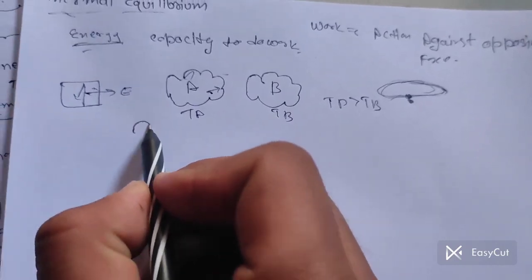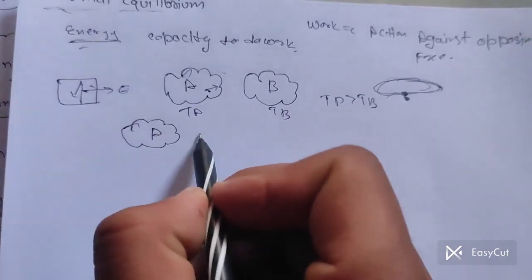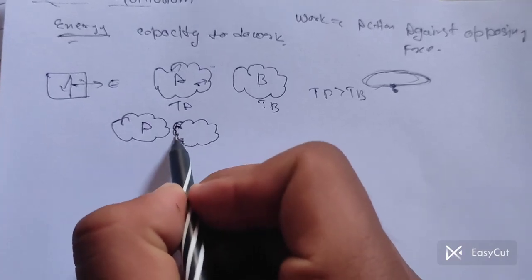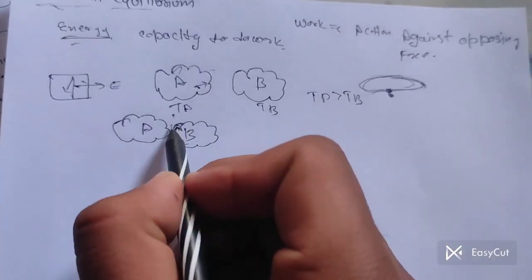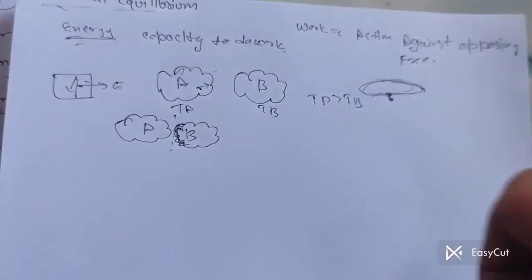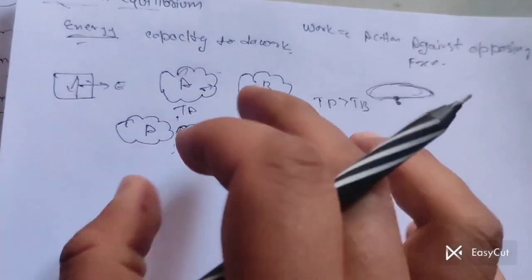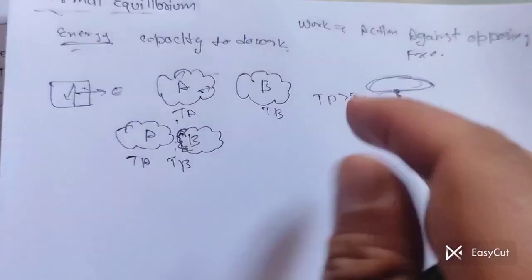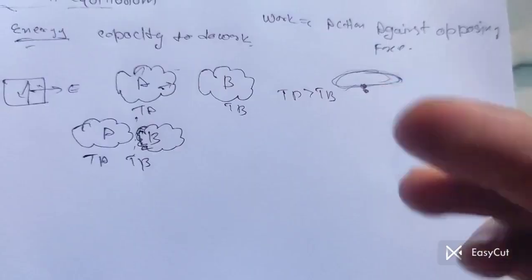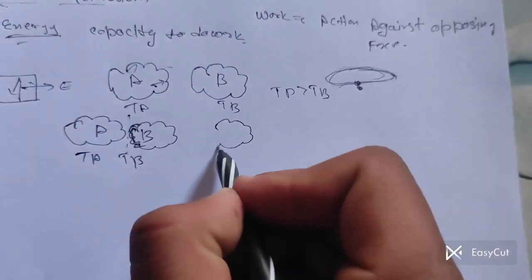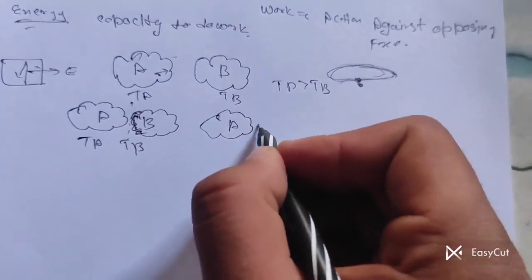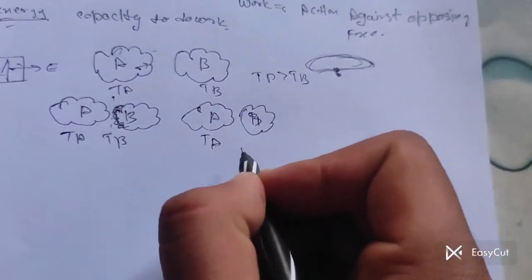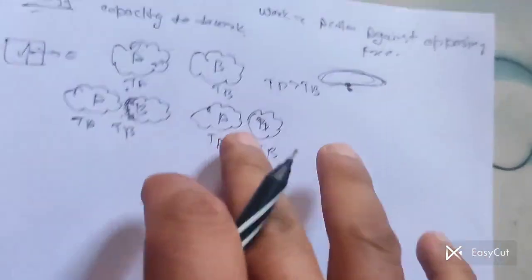Now we place A and B very close, attached or just a little separated. We see that after some time the temperatures of A and B become equal: the temperature of A is equal to the temperature of B. What does this mean?